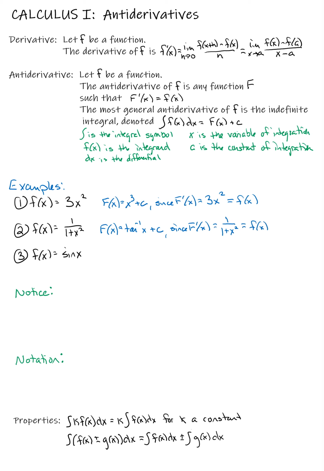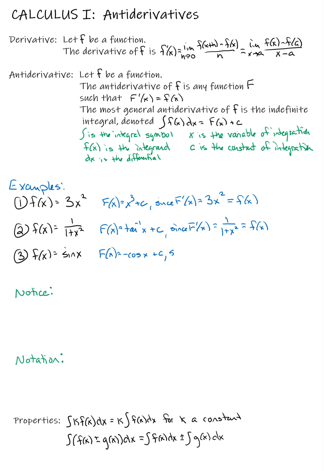Let's take a look at one more example. f of x is equal to the sine of x. So what can I take the derivative of that gives us the sine of x? Well, I do know that it's going to be connected to the cosine function.